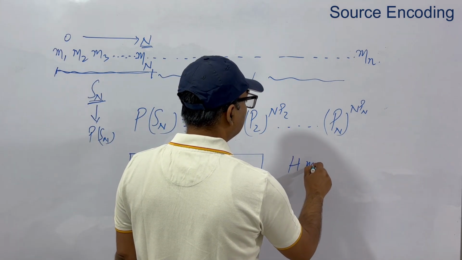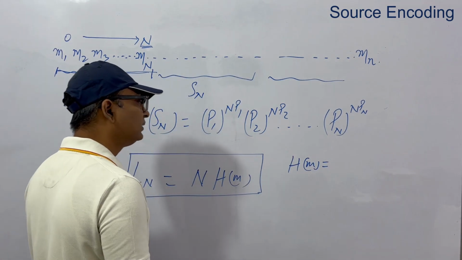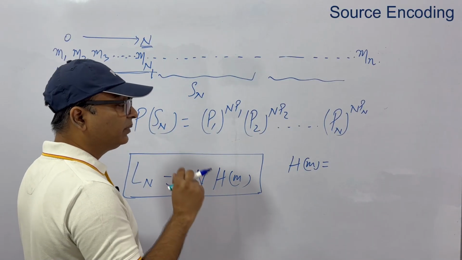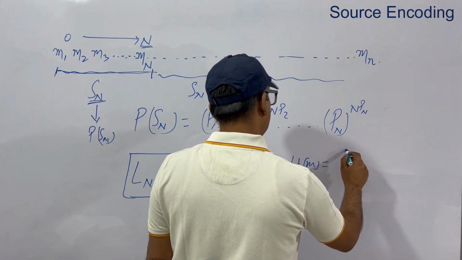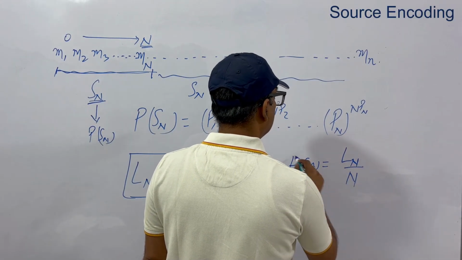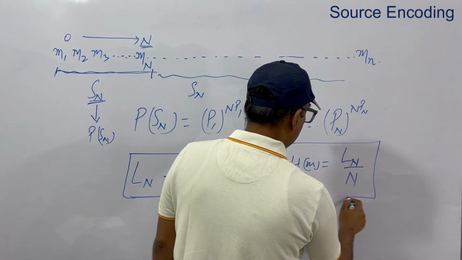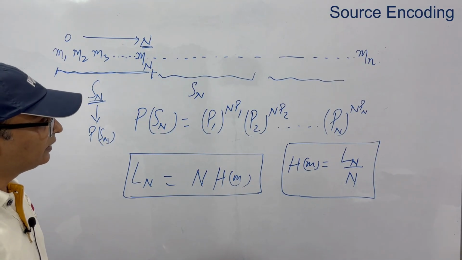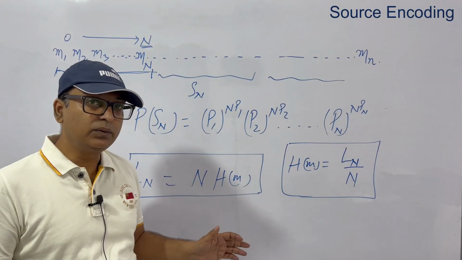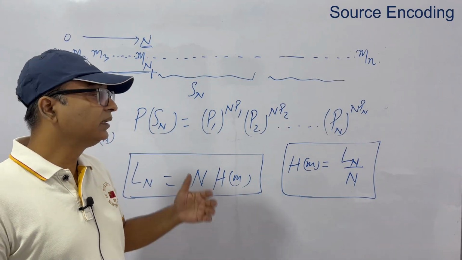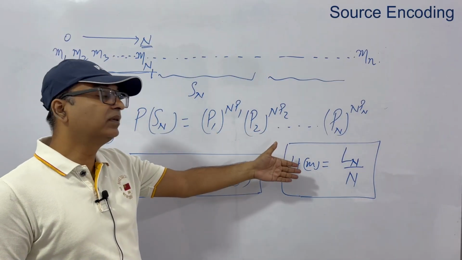So we can say Hm, that is the number of digits on an average required to encode per message, will be equal to Ln by n. So this is an important result. So Hm is Ln by n, and this is the minimum value. Though the proof is not given here, this is the minimum value.